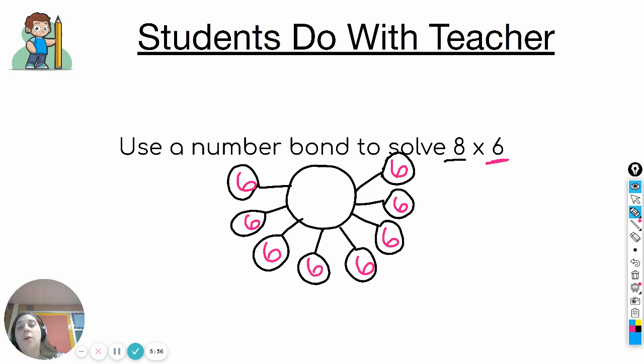So remember, you're going to go next to each of the number bond pieces or each of the groups, and you're going to write your skip count right next to it to help you keep track. Now what I want you to do is I want you to pause the video. I want you to finish your skip count, and then we're going to press play and see if your skip count matches mine, okay? It's okay if you messed up a little bit, but I want you to at least pause the video and try to do the skip counting by yourself, just like you would have to on your homework or on a test. So go ahead and pause now.